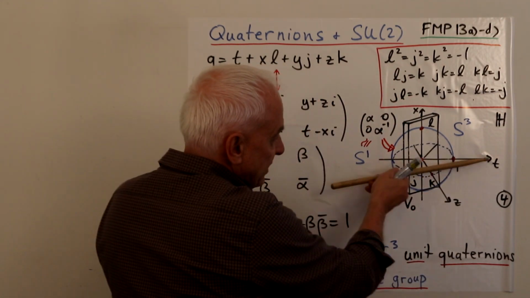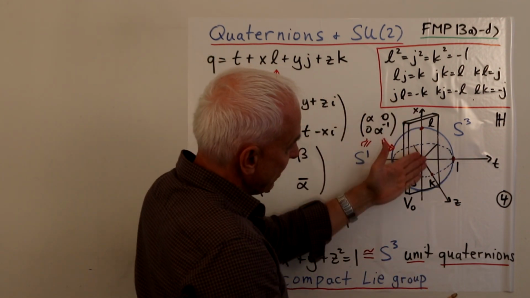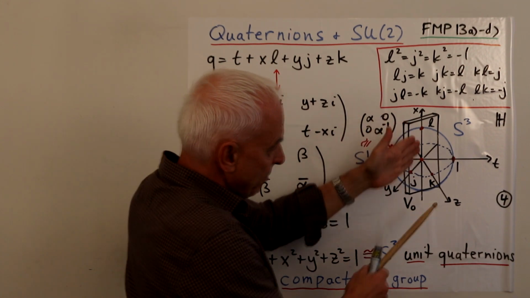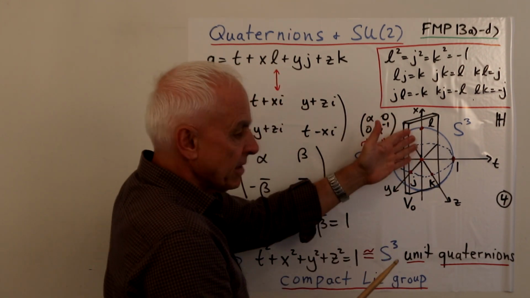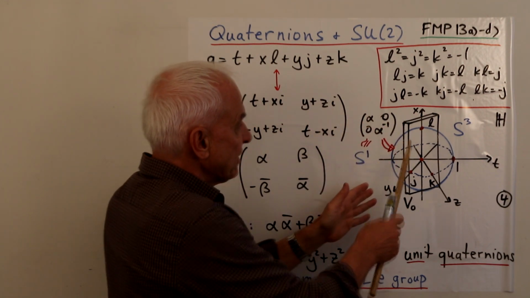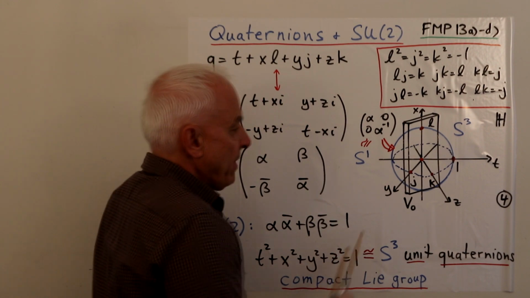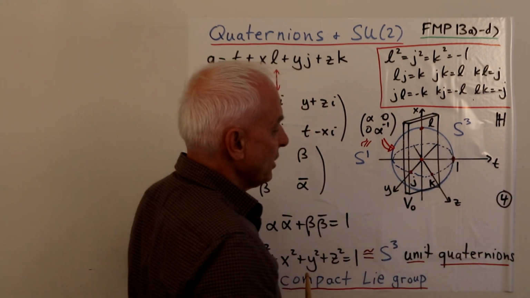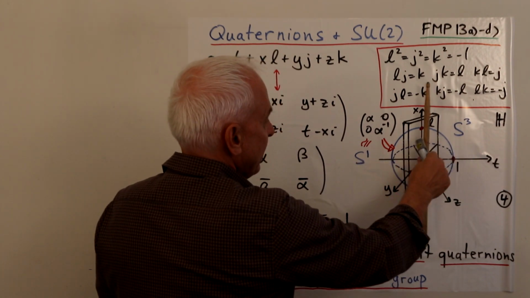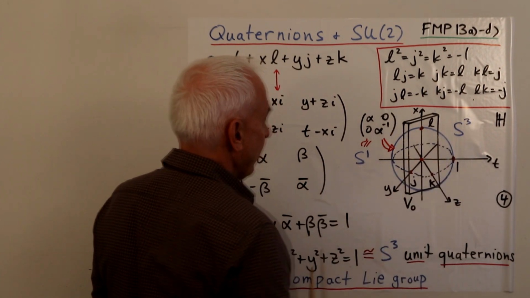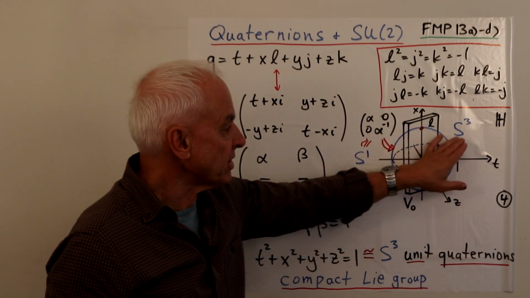So we have one axis here, which is the axis through 1, and the hyperplane perpendicular to it through the origin 0 is the space spanned by the basis vectors L, J, and K. They all lie on the unit sphere. So there's actually 4 axes here: the t-axis, the x-axis, the y-axis, and the z-axis. And I'm also showing you the unit sphere here, which is S3.